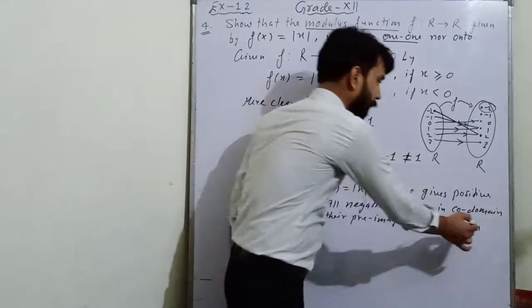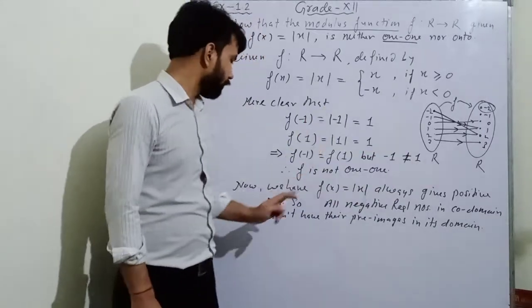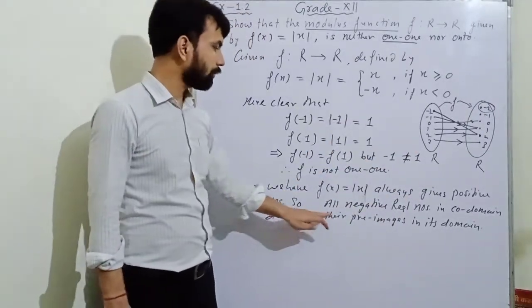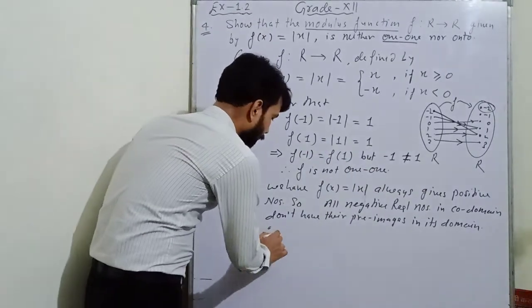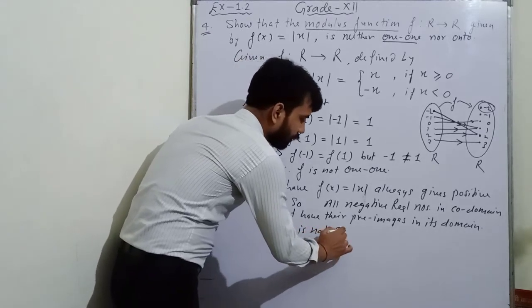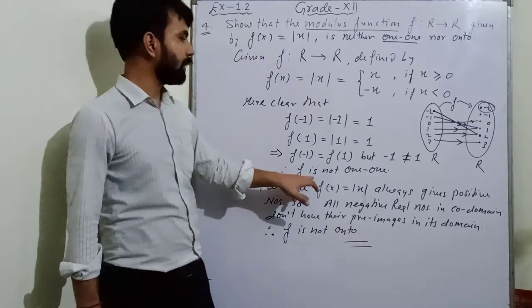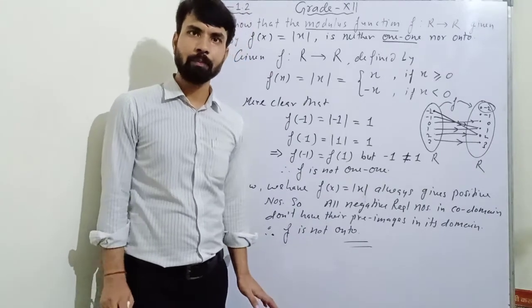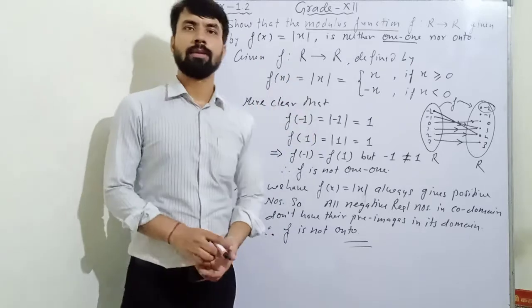Understood? So what we will have to write? We have f(x) equal to modulus x always gives positive numbers. So all negative real numbers in codomain don't have their pre-images in its domain. Hence, f is not onto. So it is proved that f is neither one-one nor onto. Hope it is clear to everyone. Good. So students, pause your video and note it fast.